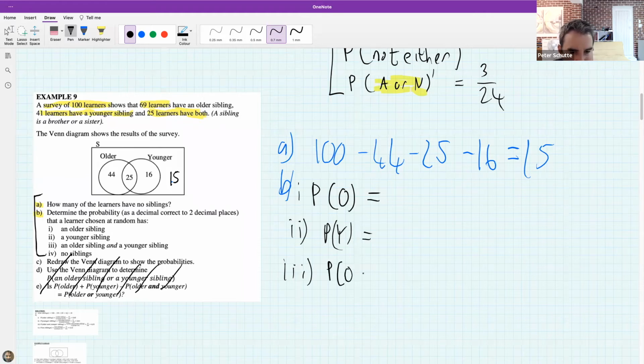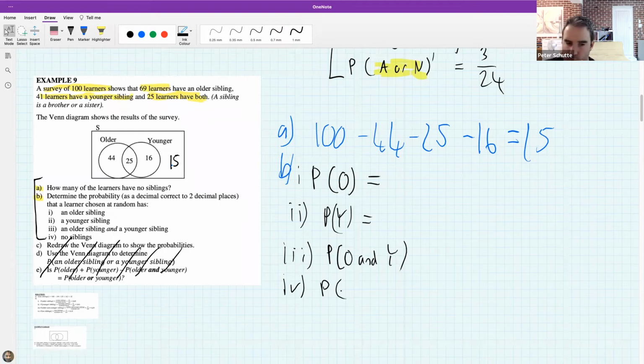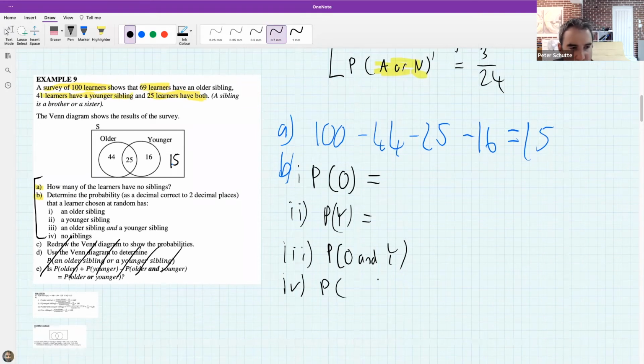Probability of O and Y. And then what is the probability of no siblings? So no siblings would just be O or Y dash. Or you just say probability of no siblings. I'll give you some time for that.